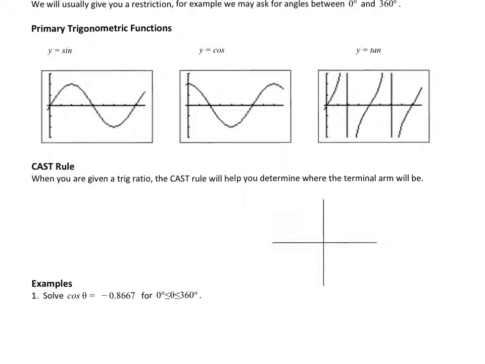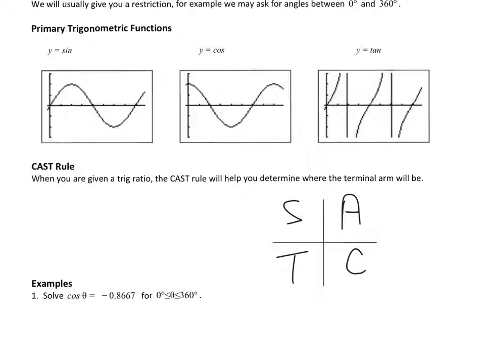The CAST rule actually starts in the 4th quadrant, and then it goes counterclockwise. If you draw that in your own notes, the C stands for cosine, the A stands for all, S is sine, and T is tangent.